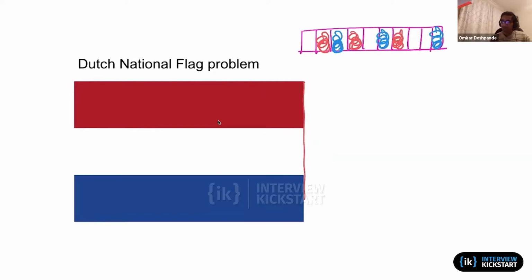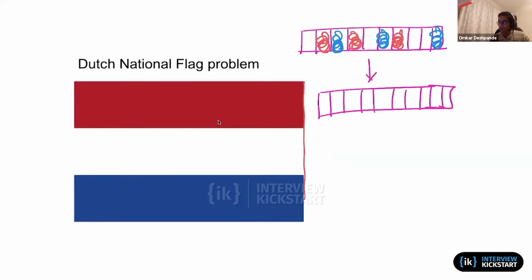And so we need to transform the elements of this array in a way that we get all the reds to the left, all the whites in the middle, and all the blues on the right side, so that the colors of the Dutch national flag are clearly seen.